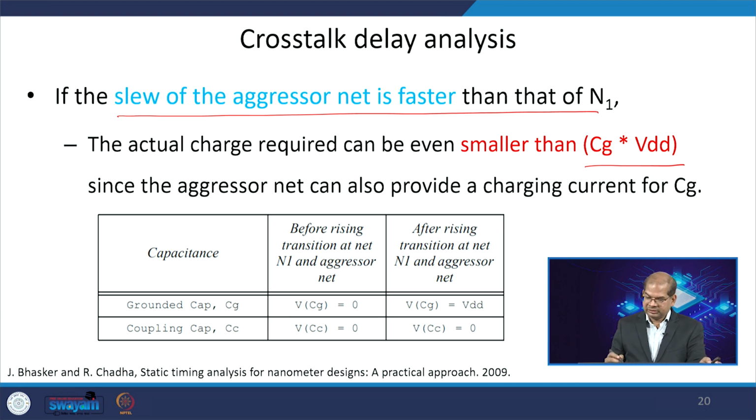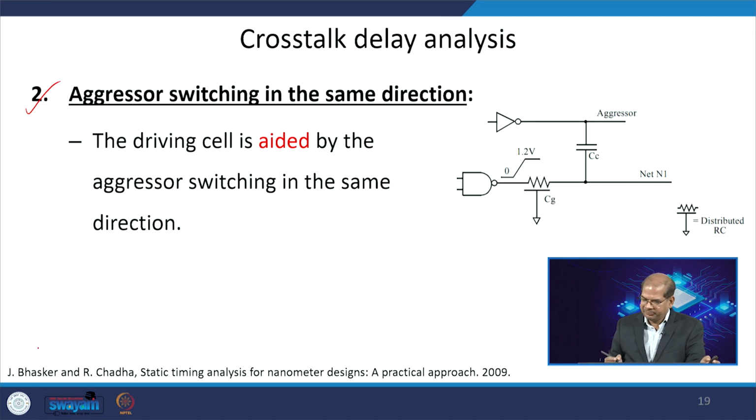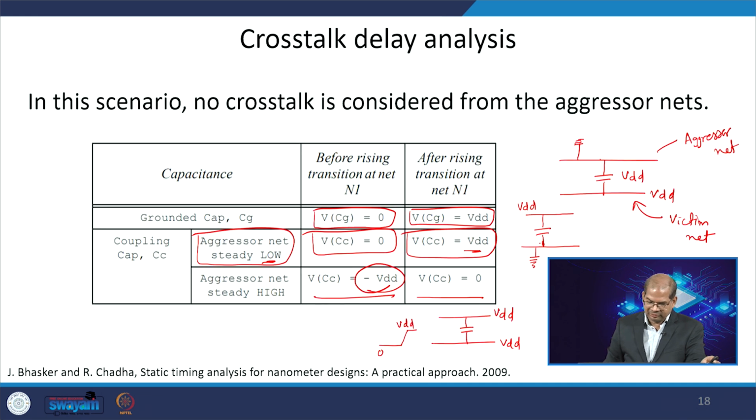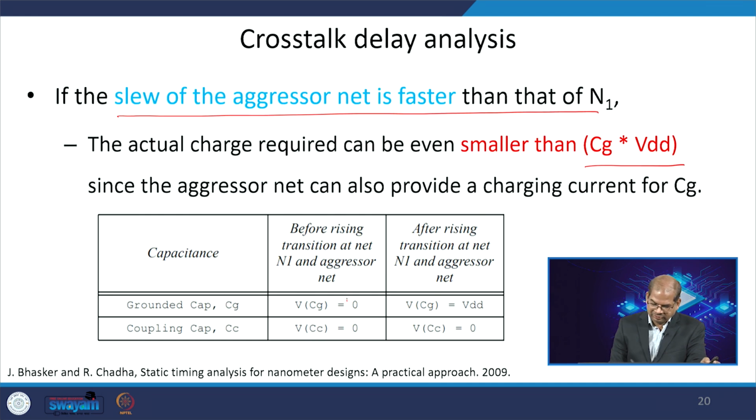Since they are moving in the same direction, your aggressor and the victim are doing the transition at the same time. If you look into this, the charge before transition in both cases is 0.